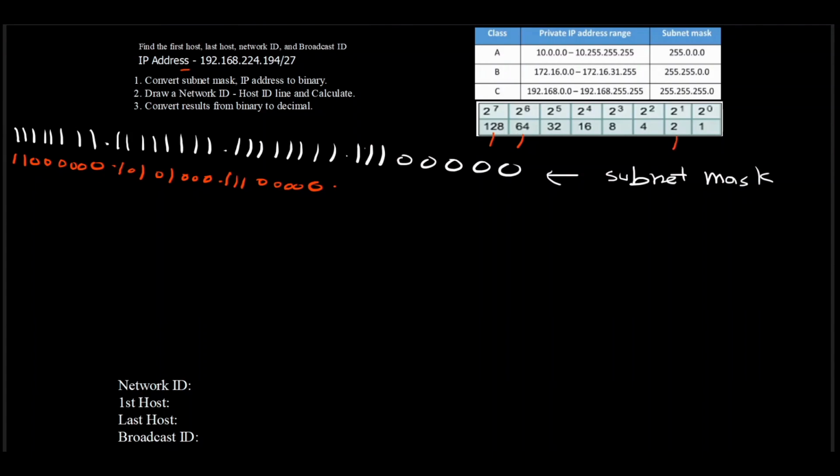So 192 plus 2 is 194. So this is my fourth octet: 1, 1, followed by zeros, with a 1 in the 2 position. Correct? So this is my IP address.